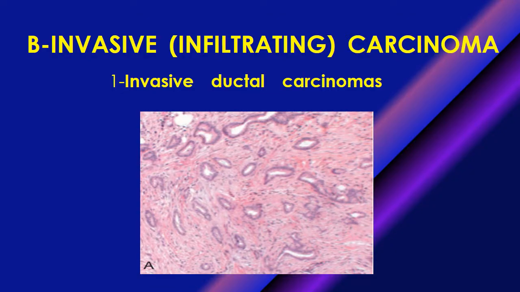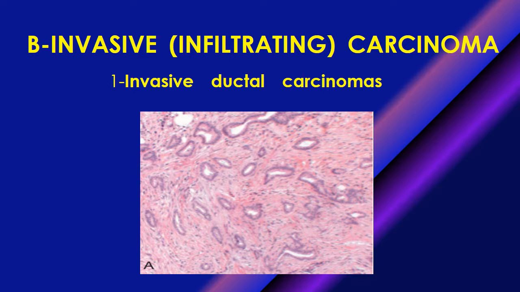B. Invasive infiltrating carcinoma of the breast. The microscopical appearance varies from tumor with well-developed tubules and low-grade nuclei to tumors consisting of sheets of anaplastic cells.